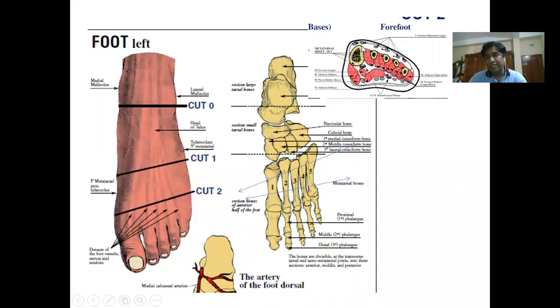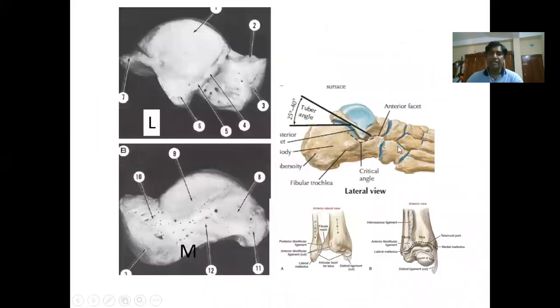Even you see that the first metatarsal is very thick. If you pass the wire at the bottom of the first metatarsal bone, it will miss many of the bones. So to fix all the bones, you should be meticulous and directed as the anatomical arrangement is. So now go to another part.